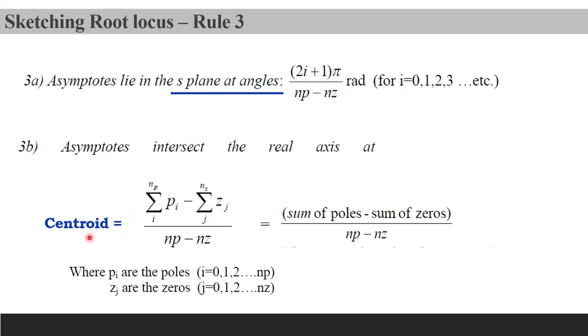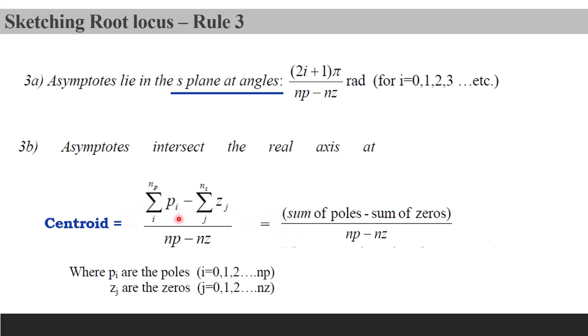Similarly, for the centroid, the easy way to calculate is the sum of all poles minus the sum of all zeros, divided by np minus nz. As a result, you will get a number or a fraction, whatever it is, and that would be the location of your centroid on the negative real axis.